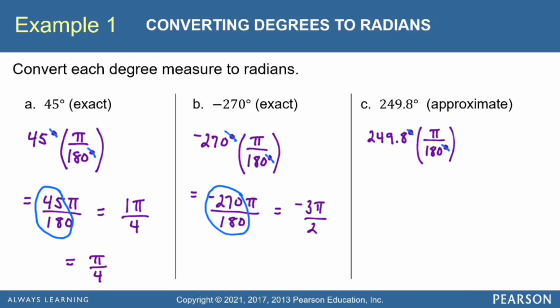So when you go to your calculator, you will enter 249.8 times the decimal value of pi, and here you can use the pi button on the calculator. For our TI-30X2S calculators, the pi button is the fourth button down the first column, and so you'll see it there. So you'll just enter 249.8 times pi button divided by 180, and that's going to equal approximately 4.36 radians.